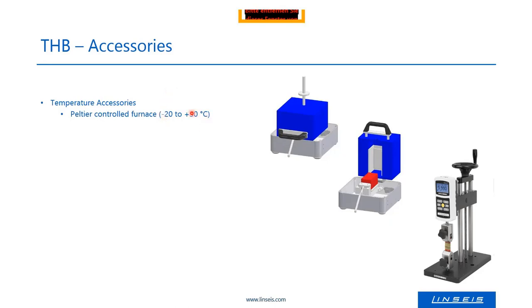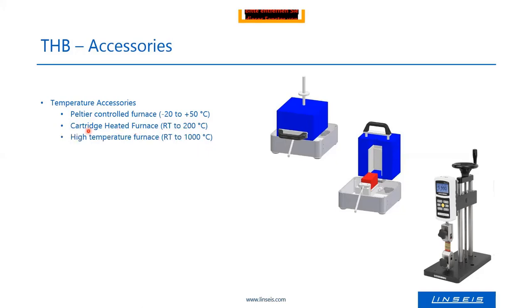So for building materials and other applications, that's quite fine. And we have designed a Peltier-controlled furnace, which can reach these temperatures easily and fast, and it's cost-effective. For a little bit higher temperatures, we developed a cartridge heated furnace, which can reach 200 degrees Celsius.